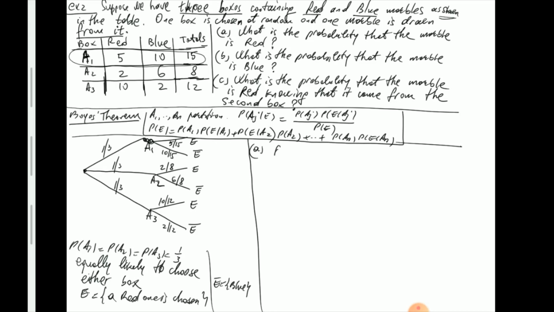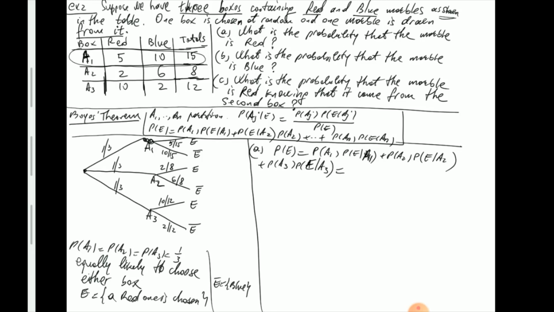So once you establish the tree of probability, just like before, we're going to answer the question: what is the probability that the marble is red? That's the probability of E, which according to Bayes' theorem is the probability of A1 times the probability of E given A1, plus the probability of A2 times the probability of E given A2, and then P of A3 times P of E given A3.